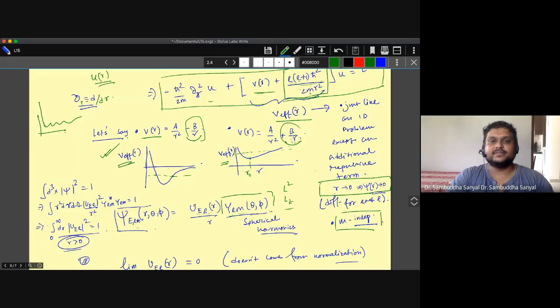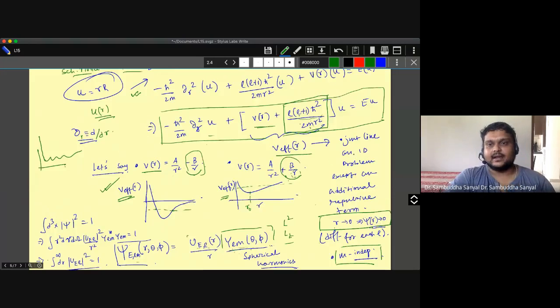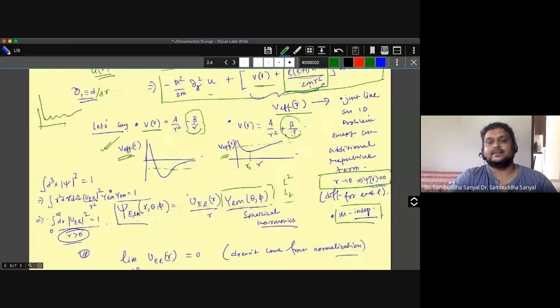And this part, which is the R part, we wrote as u, small r, times the capital R function. So the actual R part is basically the u by r form, and it will have an energy index E, which is the eigenvalue index, because it's the E eigenvalue equation. But I don't know yet whether it is quantized or not.